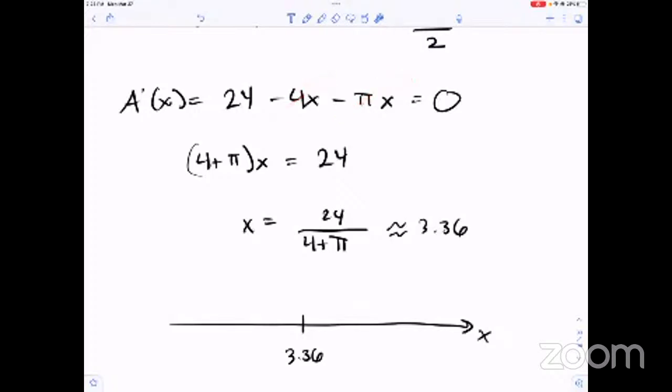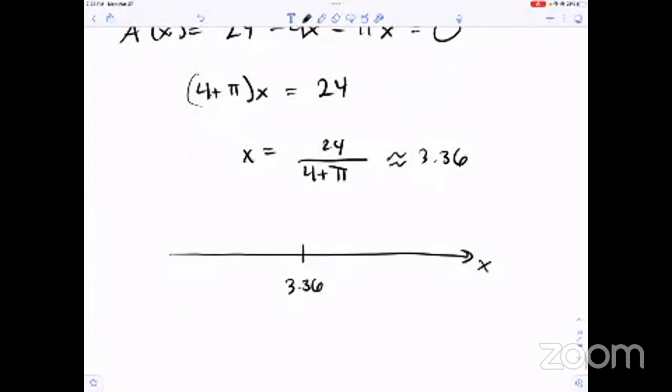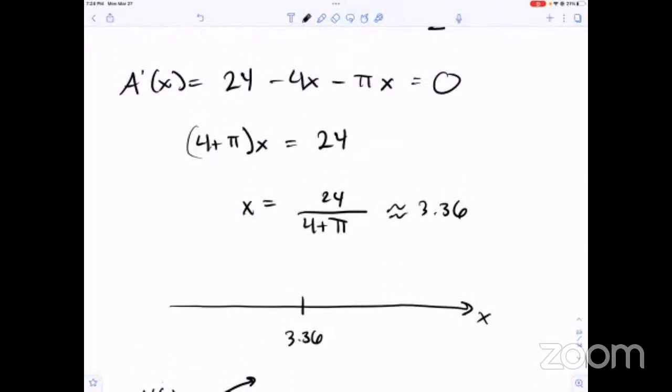So as far as A prime is concerned, this is our 0. To the left of that, I plugged in when x was 0, we got a positive result. So that implies that our original function is increasing. To the right of this would be something like 4, right? If we plug in 4 into our derivative, that's going to be a negative 16, and a negative 12.